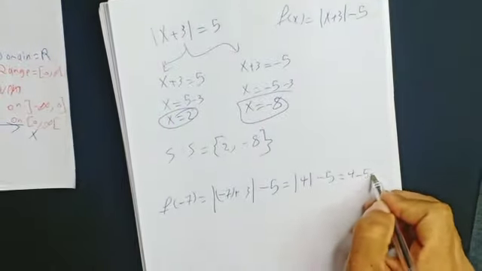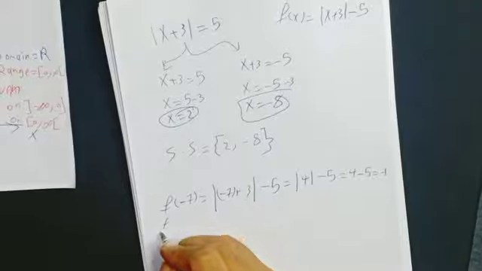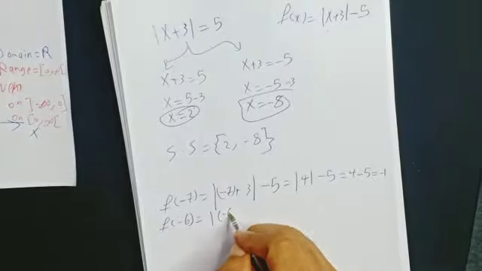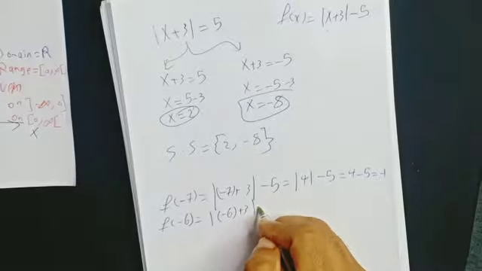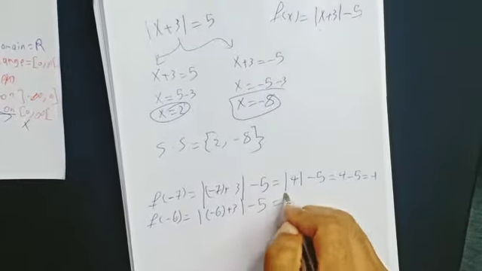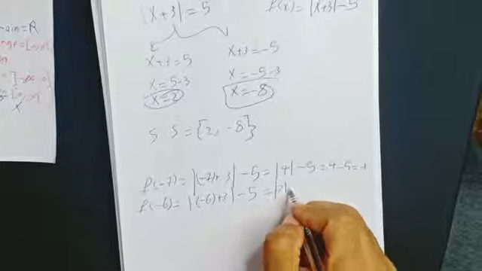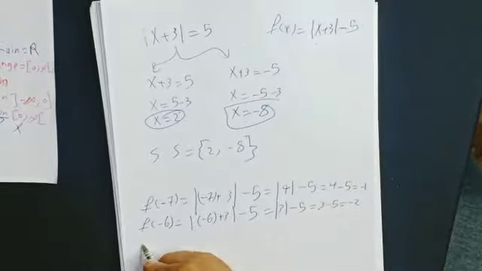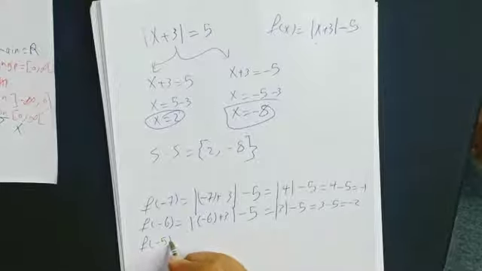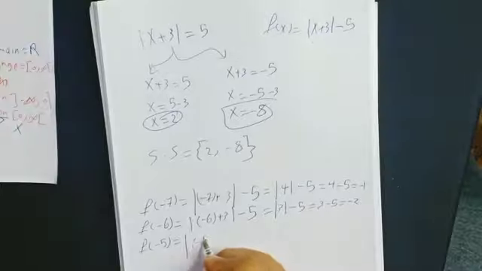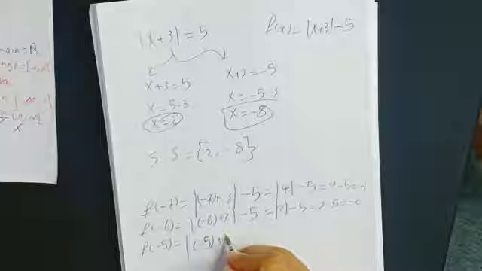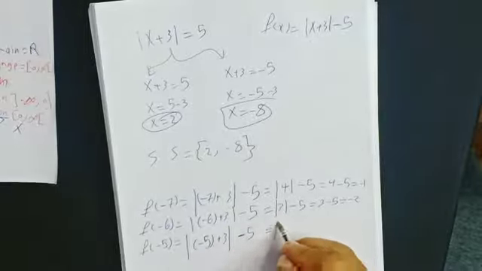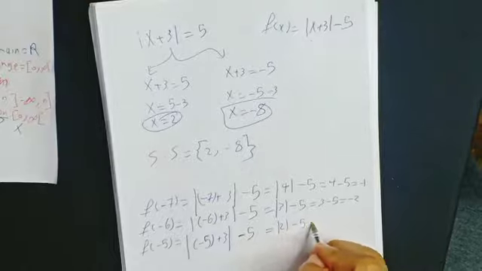F of negative 6 equals absolute value of negative 6 plus 3 minus 5 equals absolute value of negative 3 minus 5 equals 3 minus 5 equals negative 2. F of negative 5 equals absolute value of negative 5 plus 3 minus 5 equals absolute value of negative 2 minus 5, which equals 2 minus 5 equals negative 3.